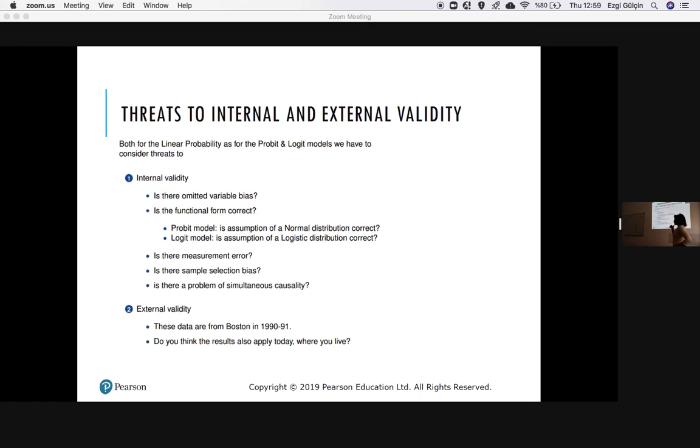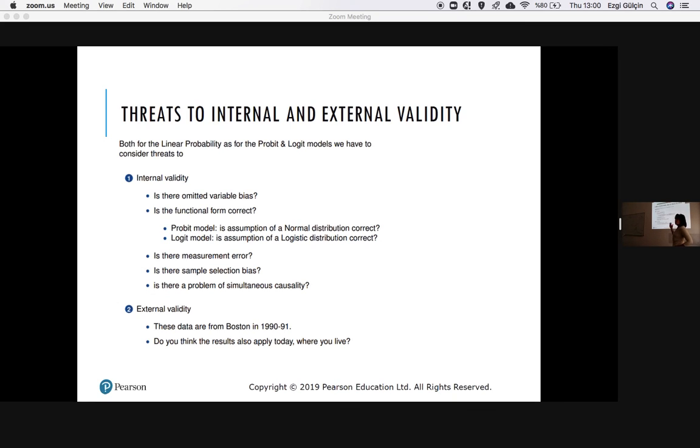Just to go back to our sources of bias and inconsistency of our estimators. Also in this case, we have all the threats to internal and external validity that we have seen. So in terms of omitted variable bias, the functional form that we are using, whether we are using a standard normal cumulative density function or a logistic distribution to recover this nonlinearity, whether there is measurement error, sample selection bias.